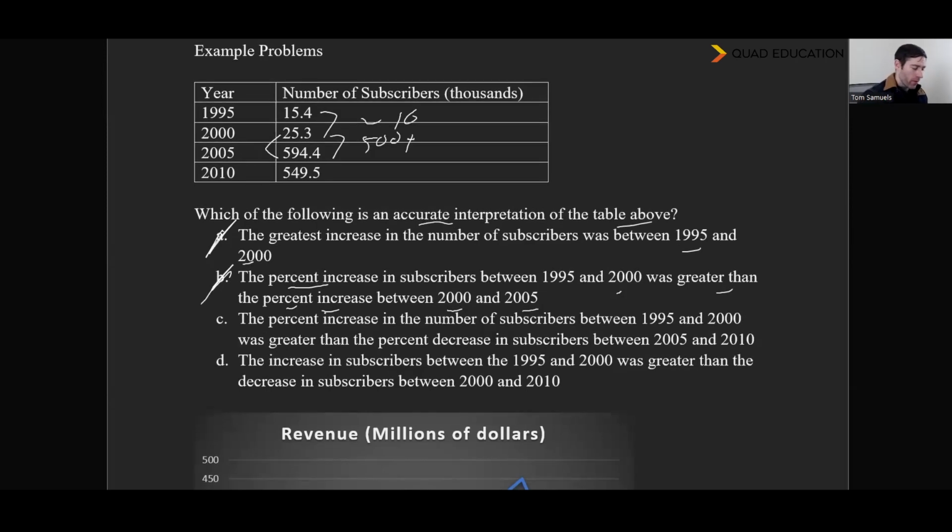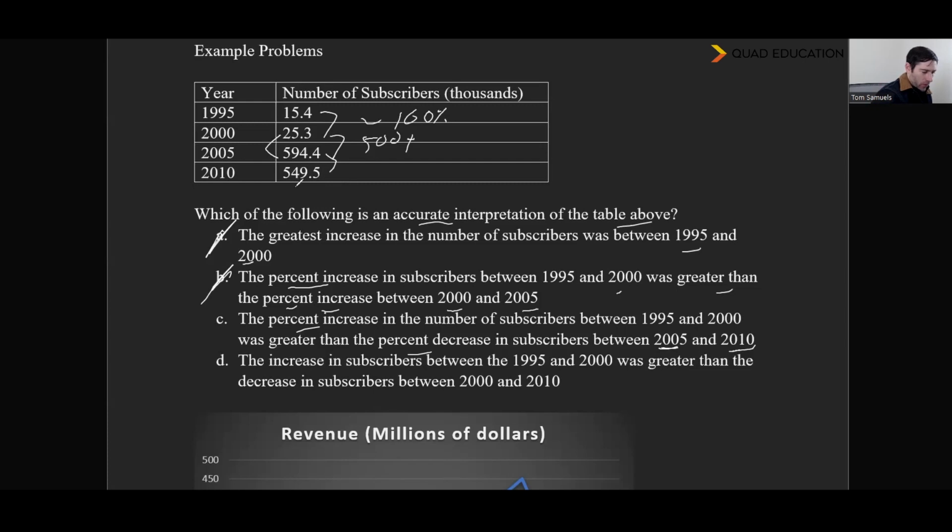And the percent increase in the number of subscribers between 95 and 2000 was greater than the percent decrease... oh, that's interesting, between 2005 and 2010. So the percent increase between 95 and 2000 was around 100%, we'll say. And the percent decrease in subscribers between 2005 and 2010 is a lot less.